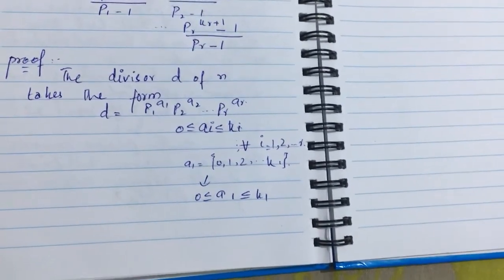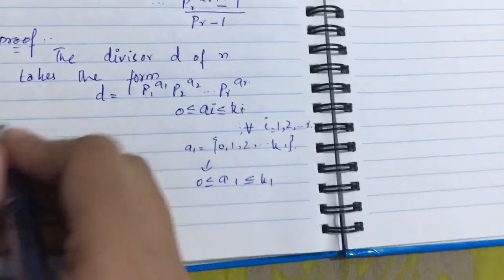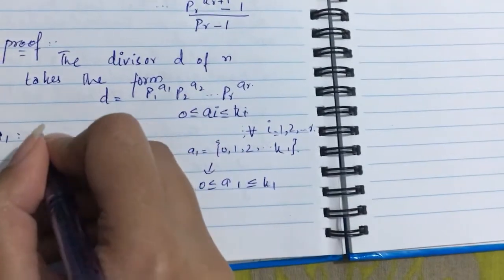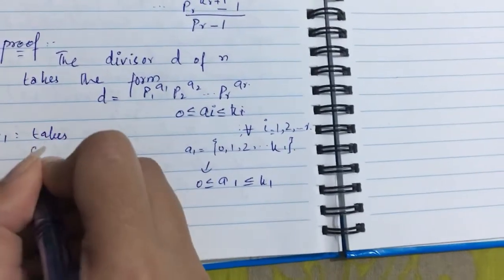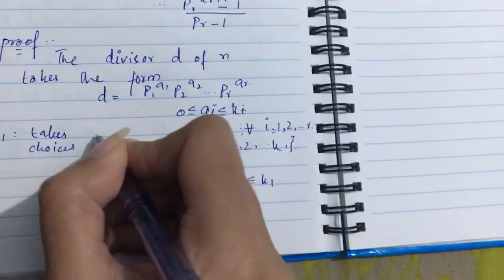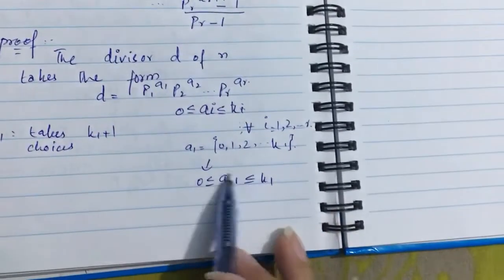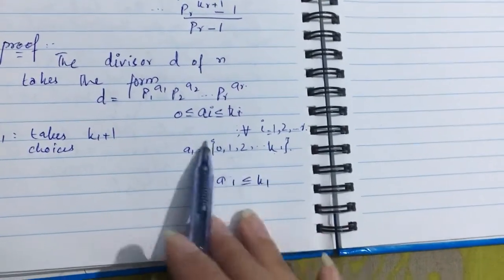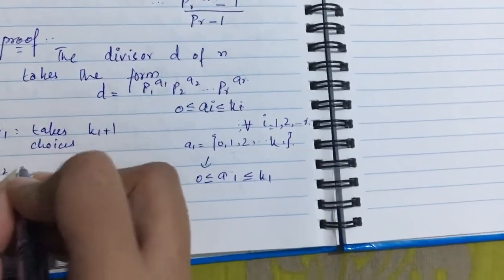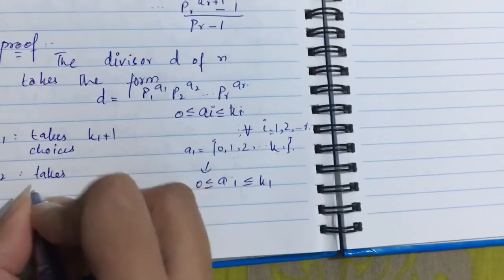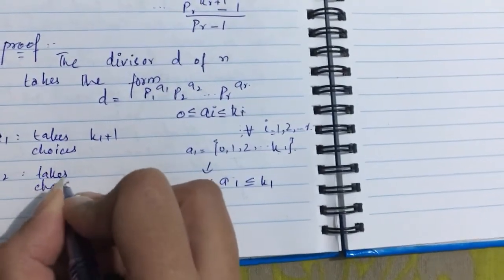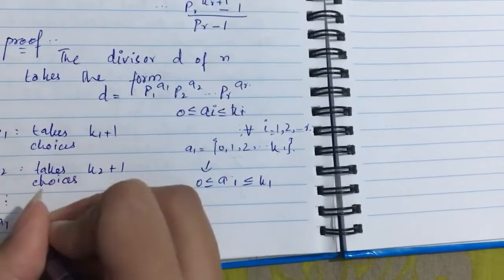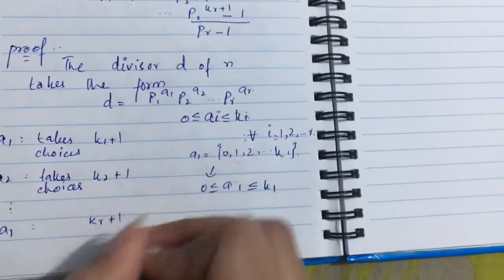So here for a1 we have k1 plus 1 choices, that is, k1 plus 1 terms, and for a2 we have k2 plus 1, and up to so on ar, like that, kr plus 1.